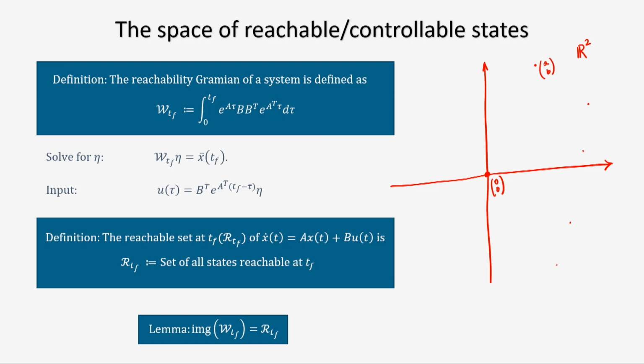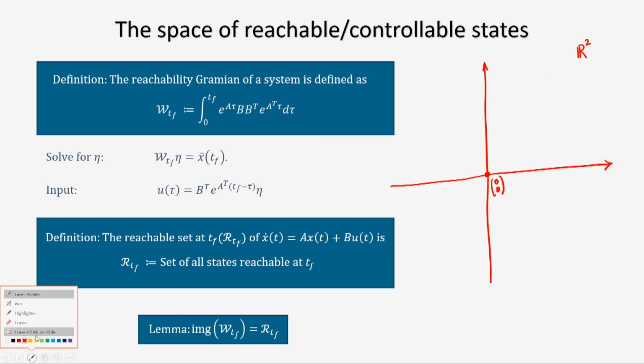If I say this is (a, b), a is a state variable, b is a state variable. You can think of it as the RC circuit that we had taken in the last lecture. So, say a is VC1 and b is VC2. I can go from a 0 voltage initial condition to some final condition (a, b) using some input. If the system is controllable, I will be able to go to any point in this entire space.